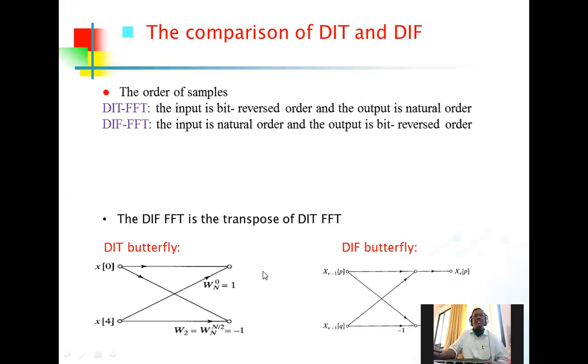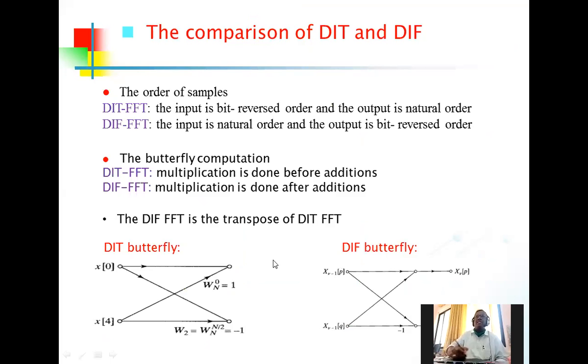So let us understand the main comparison of DIT and DIF. As we know, for the DIT FFT algorithm the input is in bit reversal order and the output is in natural order. This we have already seen. In the DIF FFT algorithm, the input is in natural order and the output is in bit reversal order.